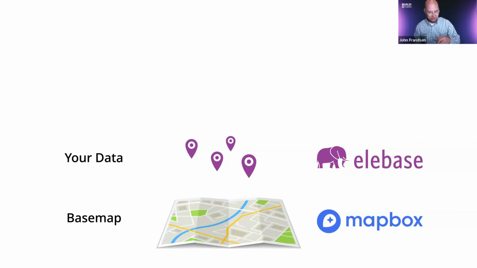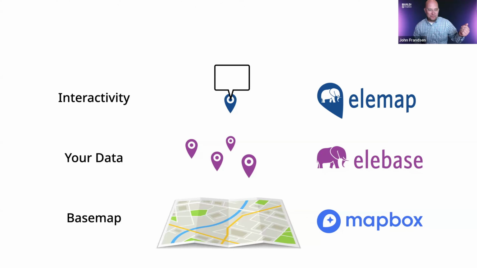Then the third part is the interactivity, and that's where we start talking about the interactive part of it. So when you have a base map plus your data and then the interactivity, you've got an interactive map. Oftentimes, that interactivity can be built custom using your own code. It does the very distinct, unique things that you want it to do.